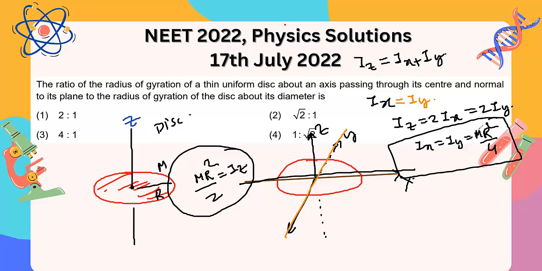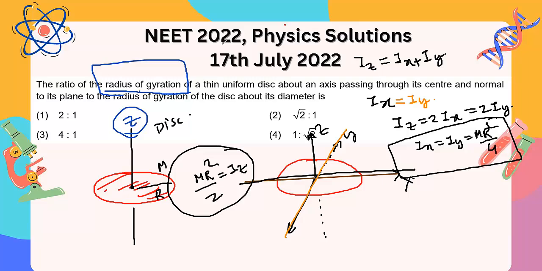Now, what is the meaning of radius of gyration? The radius of gyration is, for any body, let's say this disk has mr square by 2 about the z axis. If someone asks what is the radius of gyration, that means if I give you a ring of the same mass, what should be the radius of that ring so as to have the same moment of inertia?